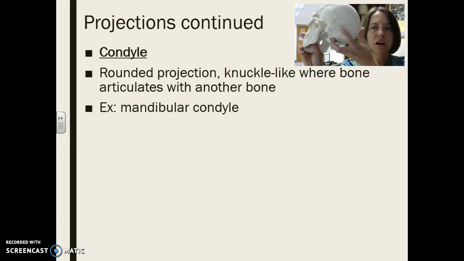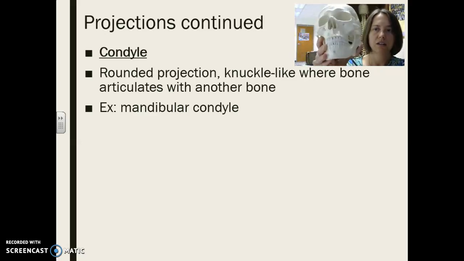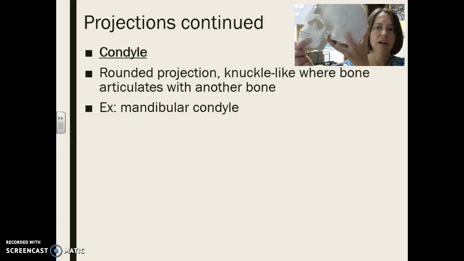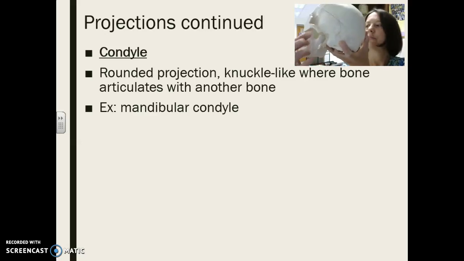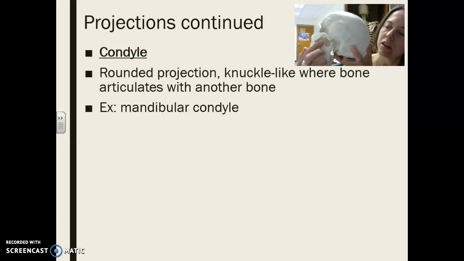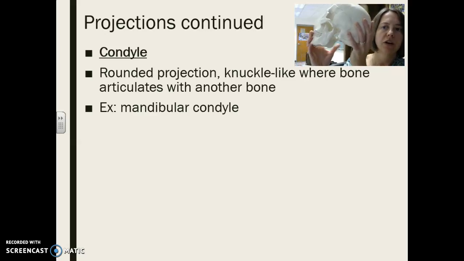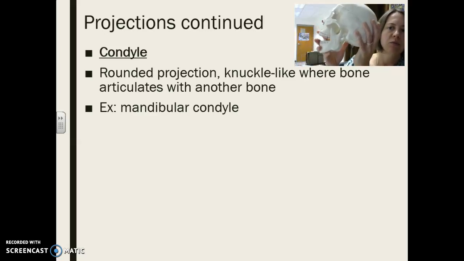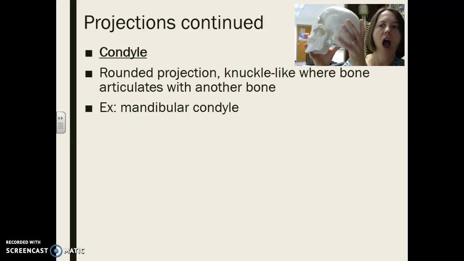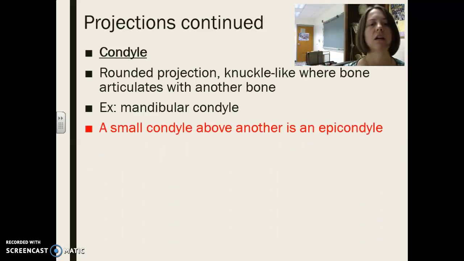So if you look at our cranium, we have the mandible right here, and then up here you have the mandibular condyle, which articulates with some of the cranial bones and helps with the joint that opens your mouth. So a small condyle on a condyle is called an epicondyle, and we find those in like our humerus.